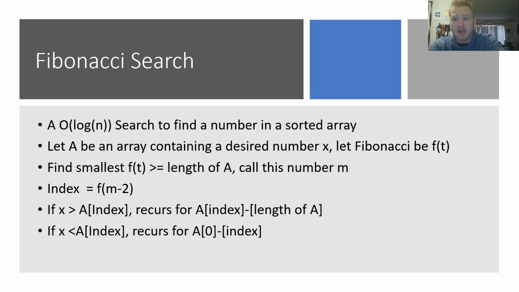Then we check, is X greater than the element at that index, or is it less than that? If it's greater than, we call a recursive process. We call this again with a new array that is from index to the length of A, and if it's smaller than, we recurse again, but with an array that is size 0 to the index.